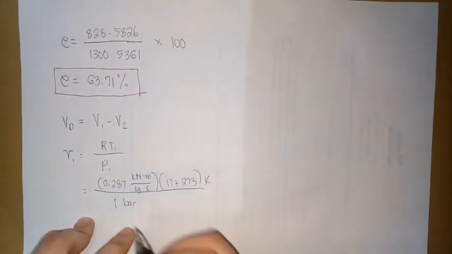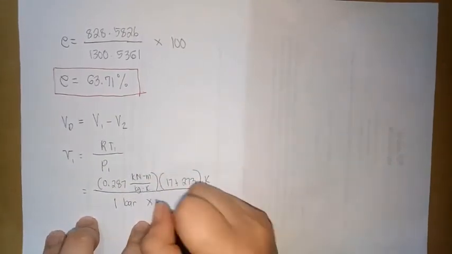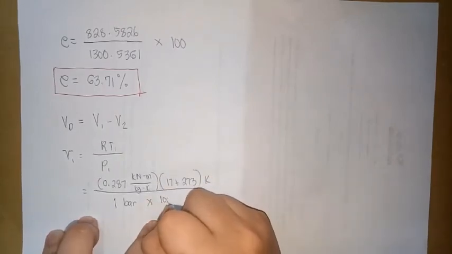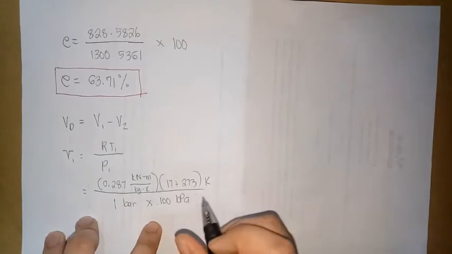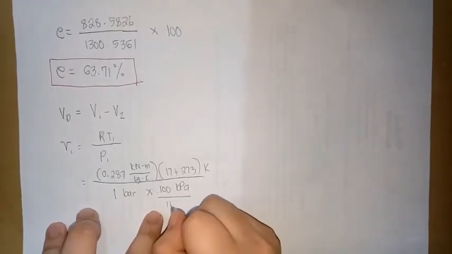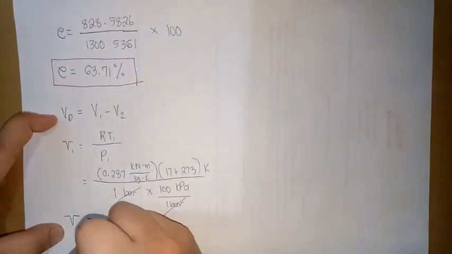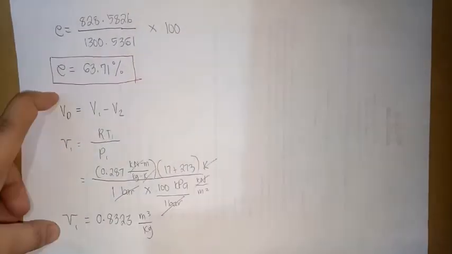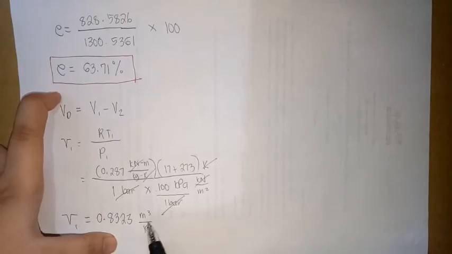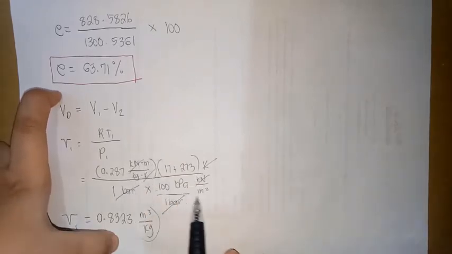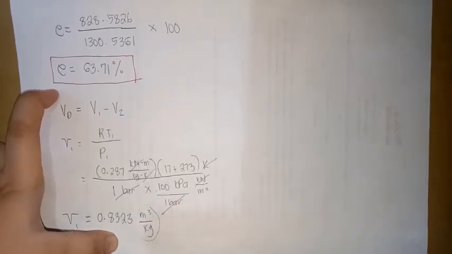So, para ma-cancel natin yung mga unit, convert natin yung bar papuntang kilopascal. 1 bar is equivalent to 100 kilopascal. So, multiply lang natin siya by 100 kilopascal. Now, ang ating V1 is equal to 0.8323 cubic meters per kilogram. So, ang unit natin is cubic meter per kilogram kasi si kilopascal, kilonewton per square meter, makakancel ang kilonewton. Ang matitira ay cubic meter per kilogram.